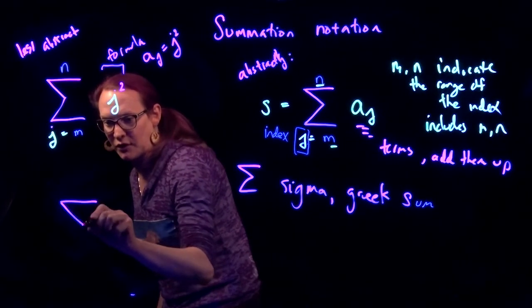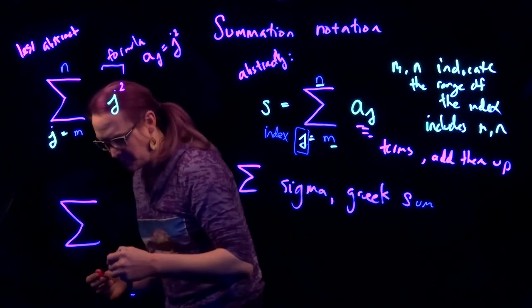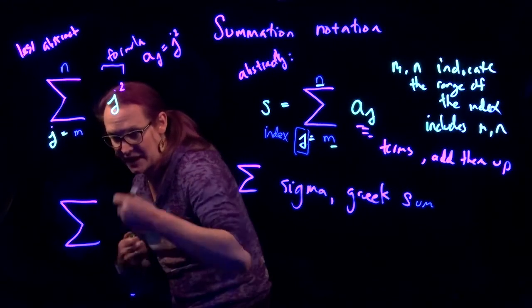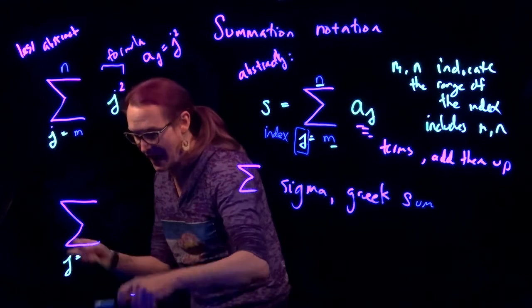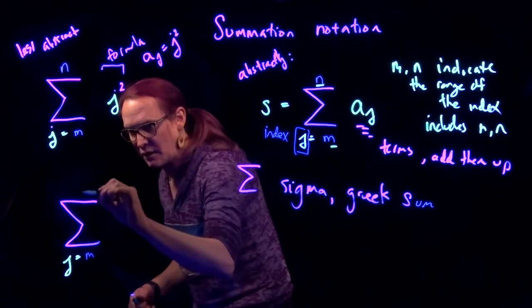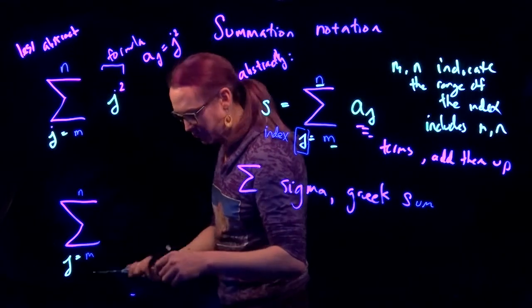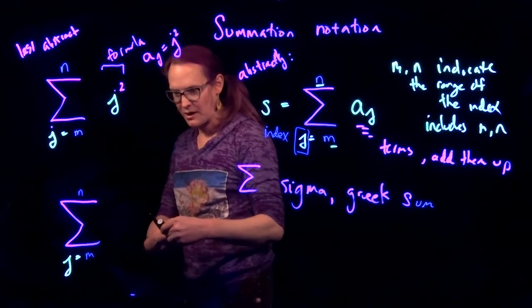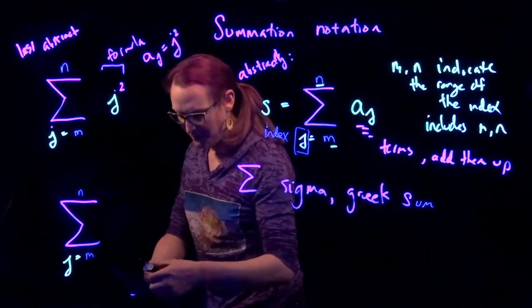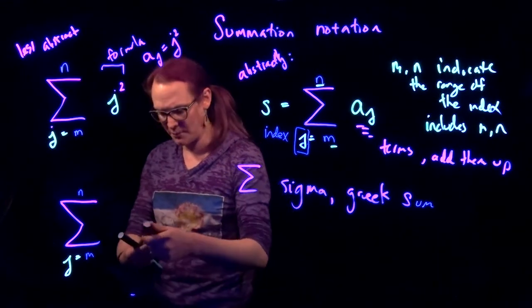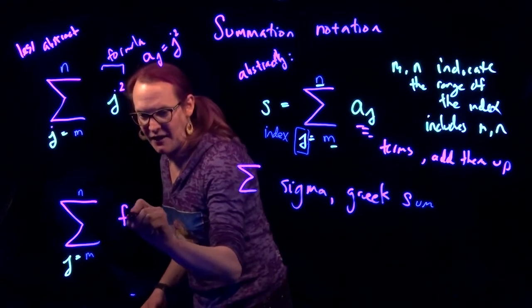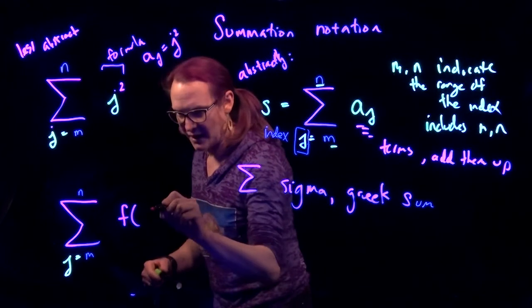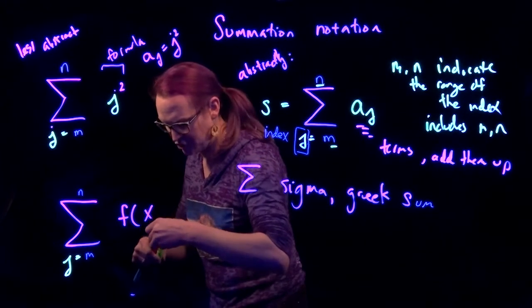So I'm going to take the sum, still summing using, say, j equals, let's go from m to n. So we're not getting particular on those right yet. And let's instead put f of in here. Let's take f of and say x sub j.